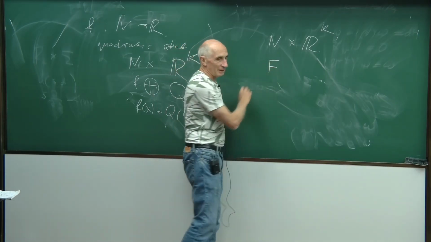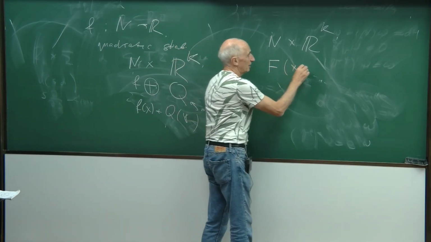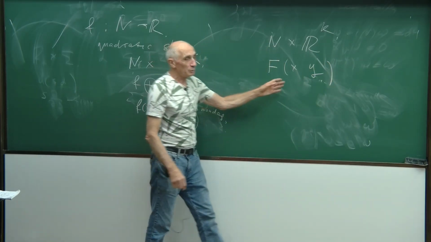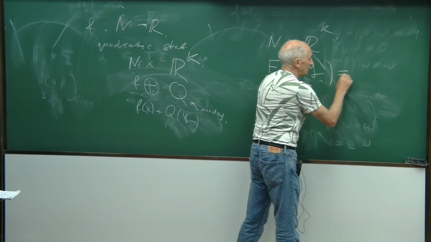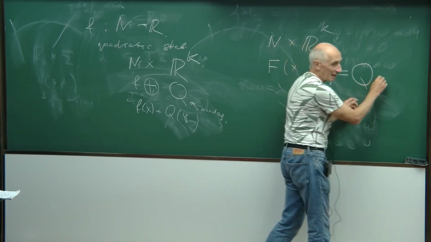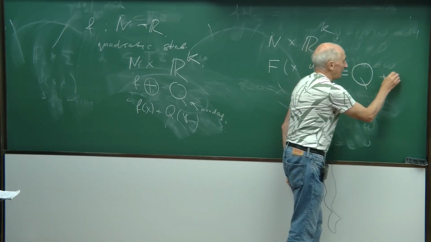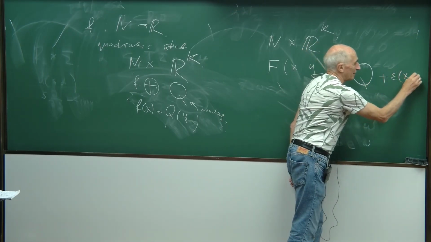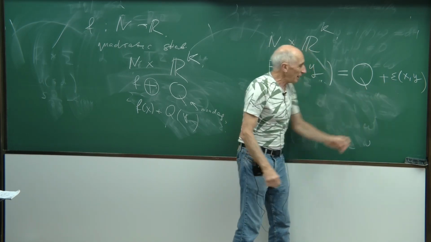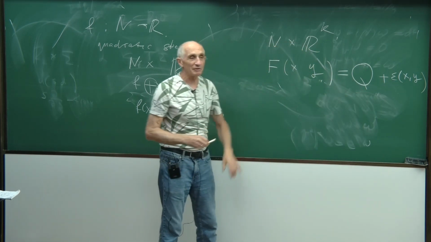Now we say function f of x, y. We consider a function which is equal to a quadratic form plus epsilon of x, y, where epsilon of x, y is of the following kind.